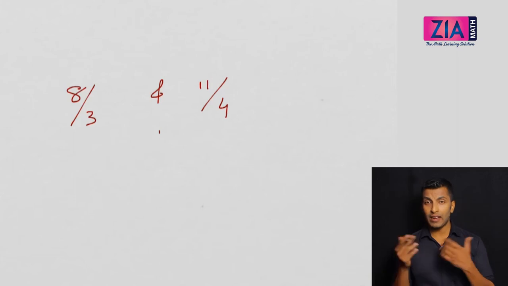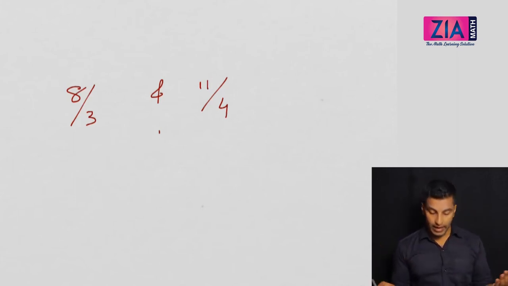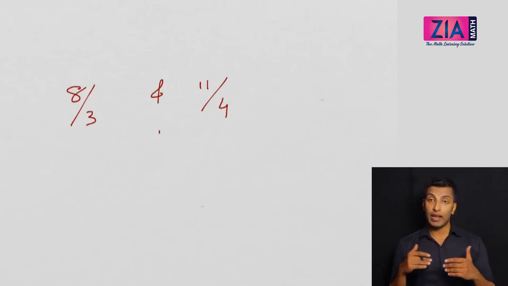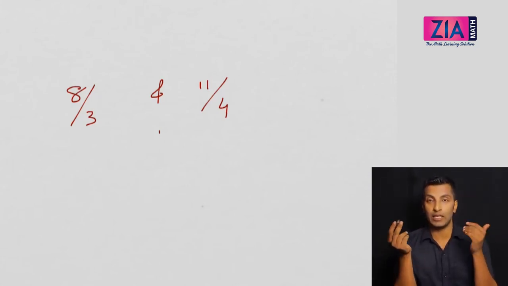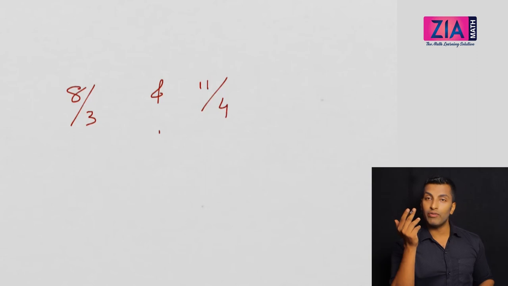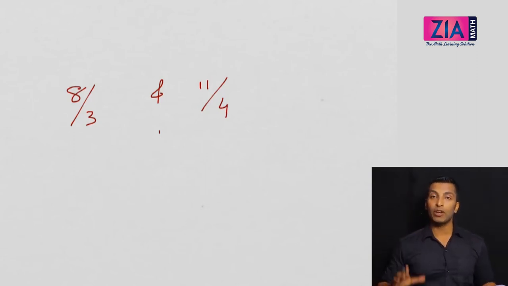If you can convert these into percentages, that's fine. Just multiply by 100 here and here, and then you will get the percentage equivalent so that you can understand. But without doing that, when you are converting into percentage, effectively what you are doing is converting the denominator in both cases to 100. There also you are making a common denominator.